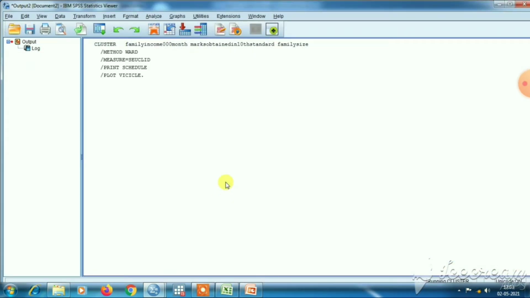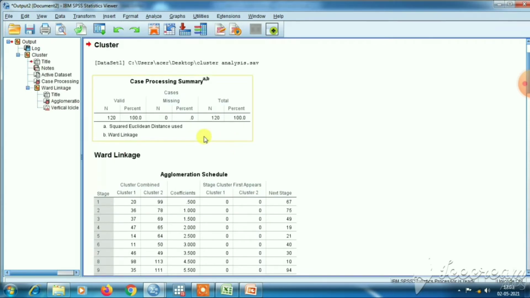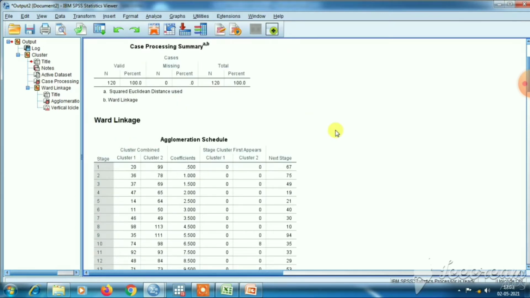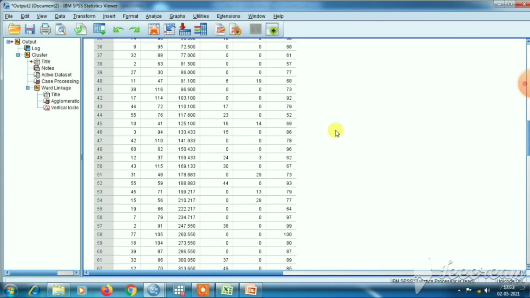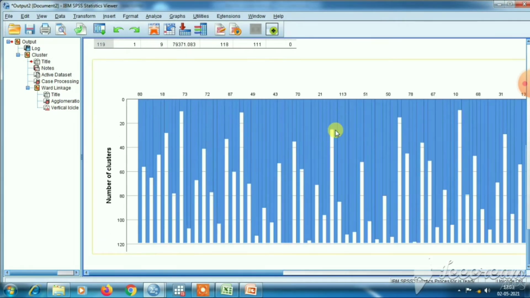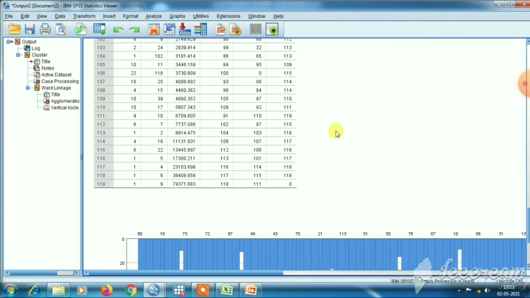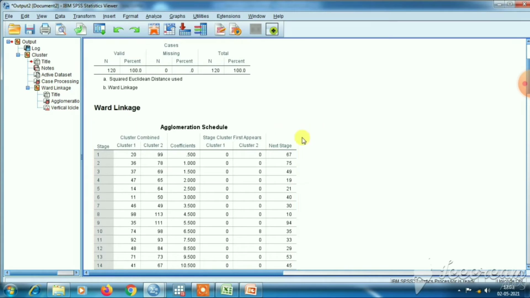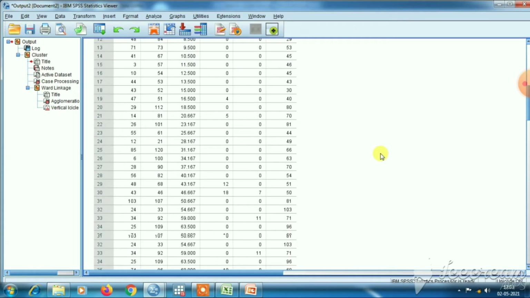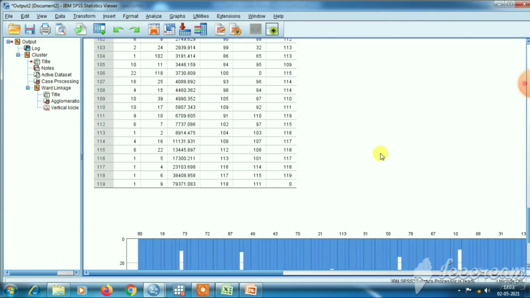This will provide the results for the hierarchical cluster analysis. The first is the case processing summary, that is the total number of cases, percentage, missing number, and so on. Then the agglomeration schedule. From the agglomeration schedule we have to start from the last one, that is stage 119, and we look at the coefficients only, coefficients and stage.